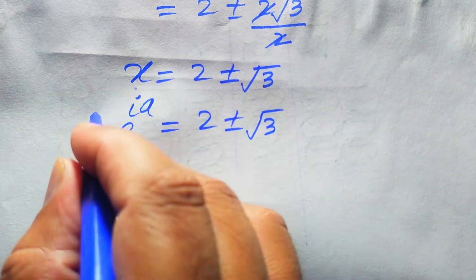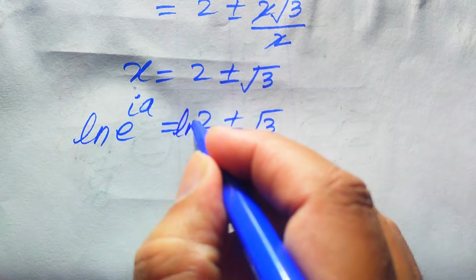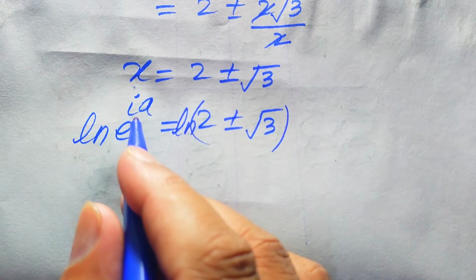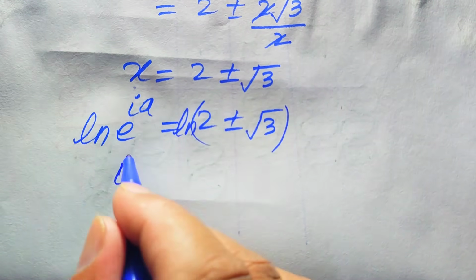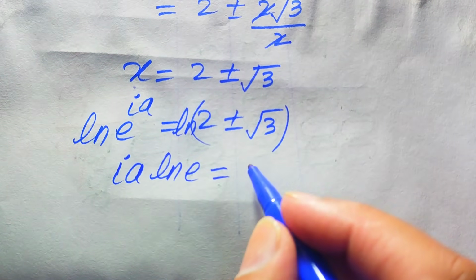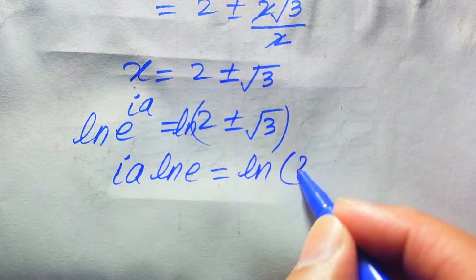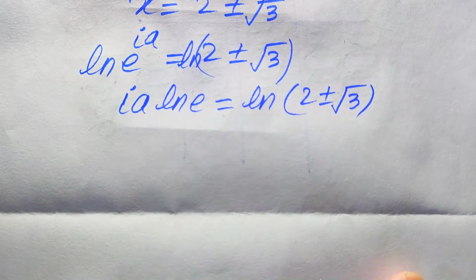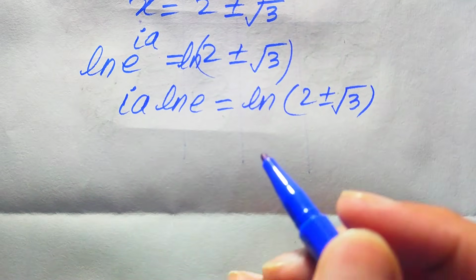For this we apply log on both sides, and when we apply log, we use the property of log and move iota a in front of the log, and it becomes iota a times log e equals log of 2 plus minus square root of 3, and we know that log e becomes 1.